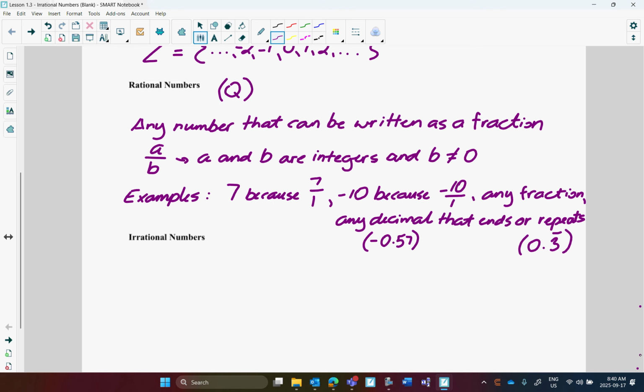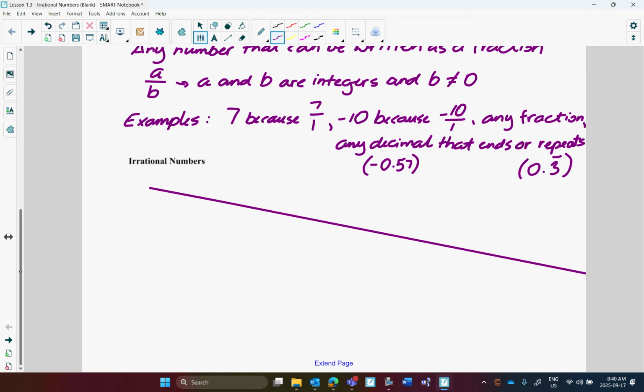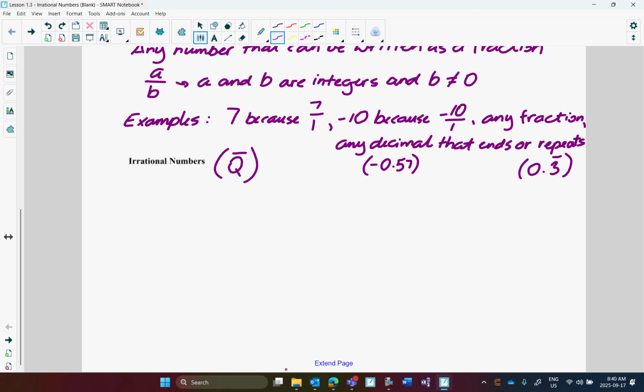Well, if rational numbers are any numbers that can be written as a fraction, what do you think irrational numbers are? They can't be written as a fraction. And we use the notation, the letter Q with a bar over it.